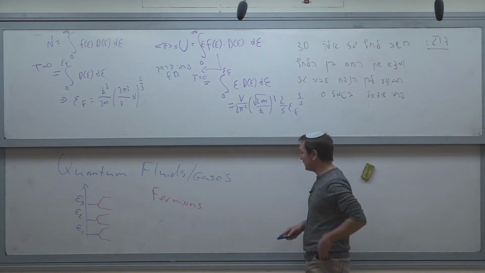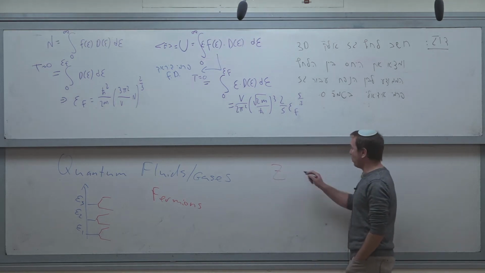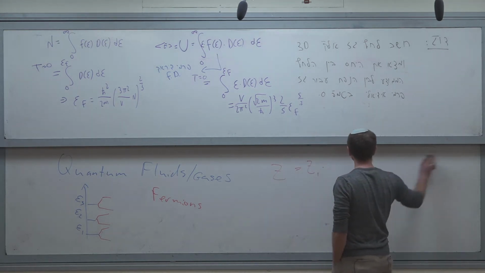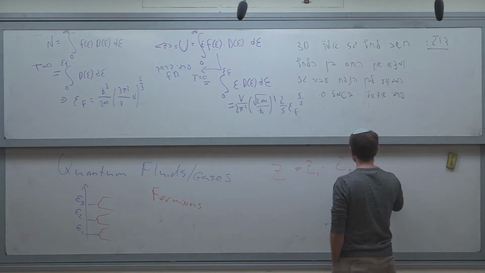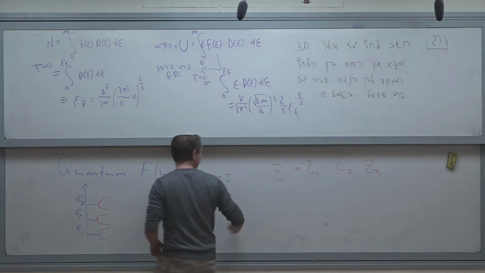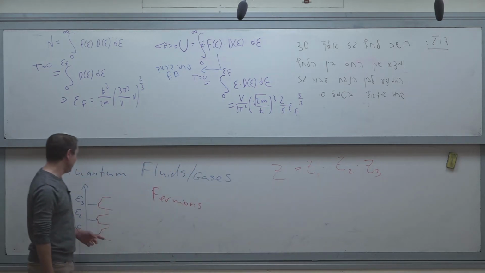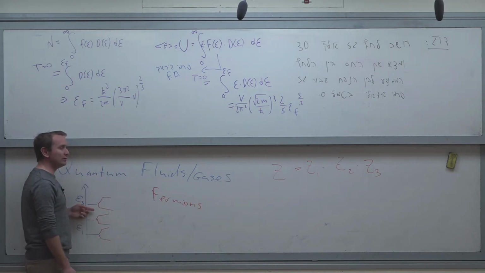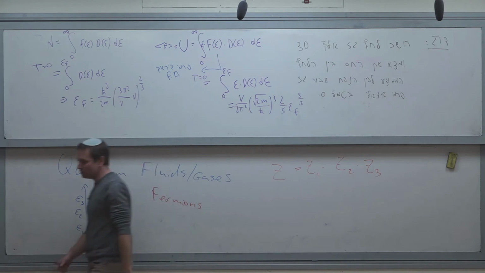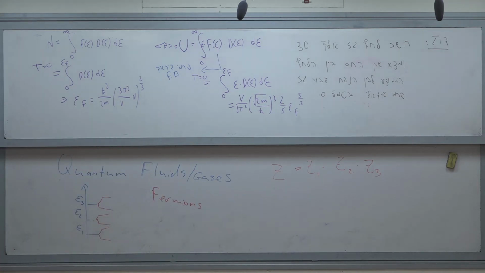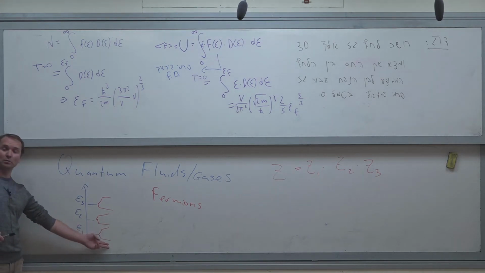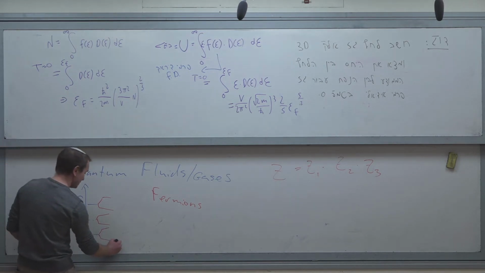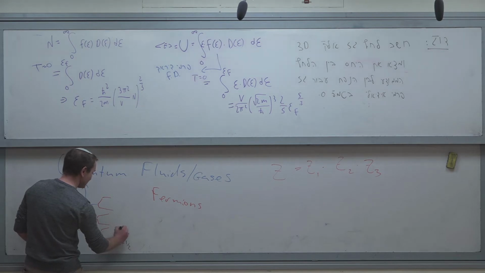Eventually we obtained that Z was Z1 multiplied by Z2 multiplied by Z3, where Z1 was the partition function of state 1, Z2 was the partition function of state 2, Z3 was the partition function of state 3, and due to the degeneracy of each state, what is the degeneracy? For each state, we could have particles with spin S equals minus 1/2 or S equals 1/2.